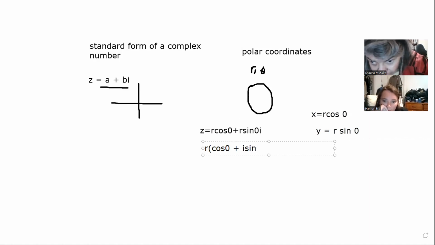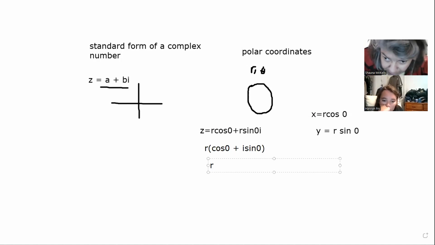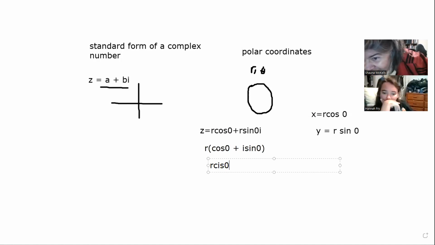If they really want to shorten it, they'll write R cis and then an angle. So sometimes you'll see it this way. This is kind of background, not really formulas. It's just helping you to relate this. No, it makes sense. So far so good.